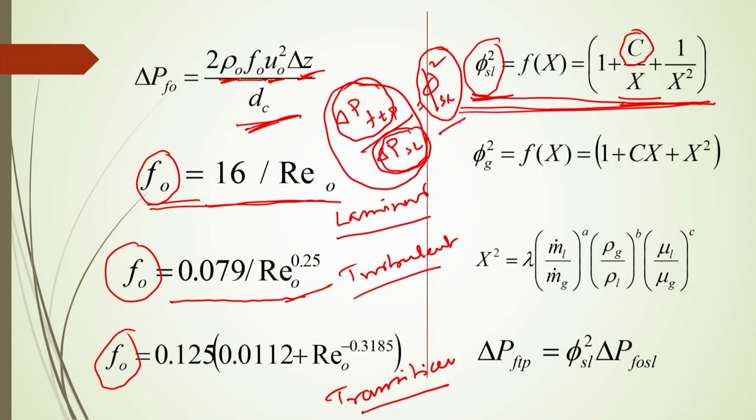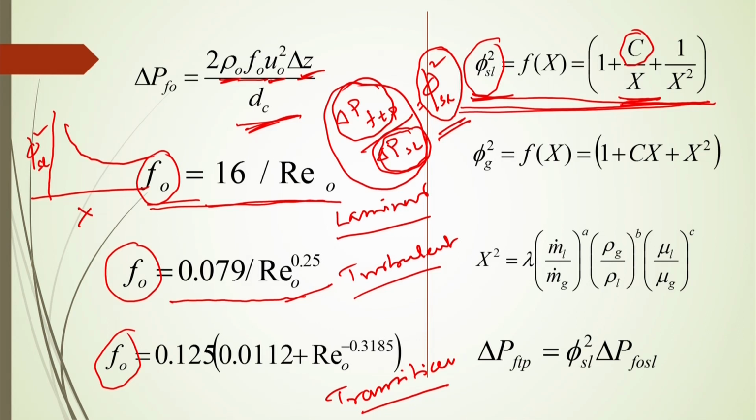So, this phi SL square is known from the experimental data, and then x is also known from the Fanning equation and from the pressure drop. If you plot this data against x from this graph here, you will get this type of relationship.